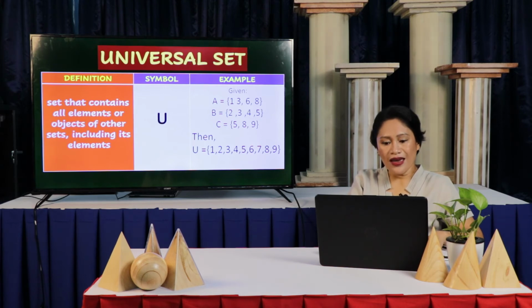Set A has elements 1, 3, 6, and 8, while set B has elements 2, 3, 4, and 5. And set C has elements 5, 8, and 9. Now, what's the universal set? Combining all the elements of A, B, and C, we say that the universal set is U equals 1, 2, 3, 4, 5, 6, 7, 8, and 9.